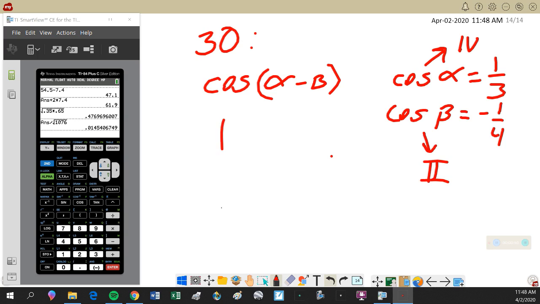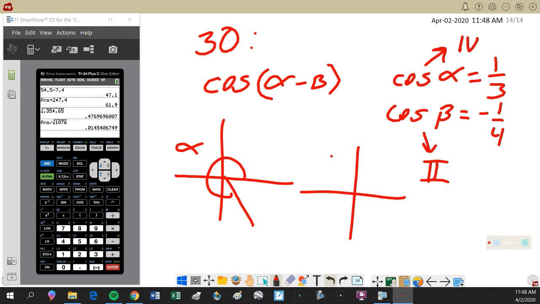So I'm going to draw alpha and beta. Alpha lies in quadrant 4. So this is angle alpha. And beta lies in quadrant 2. So there's beta. And cosine is adjacent over hypotenuse.